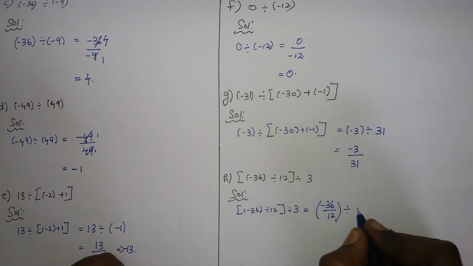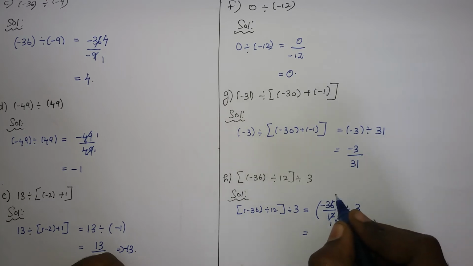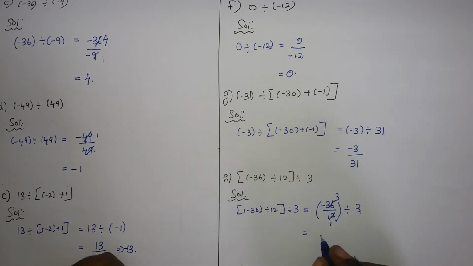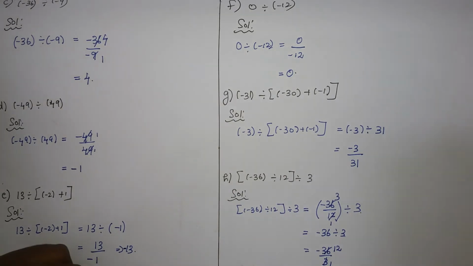Here 12 ones are 12, 12 threes are 36. So minus 3 divided by 3. Then 3 ones are 3 and 3 12s are 36. So my answer will be minus 12.